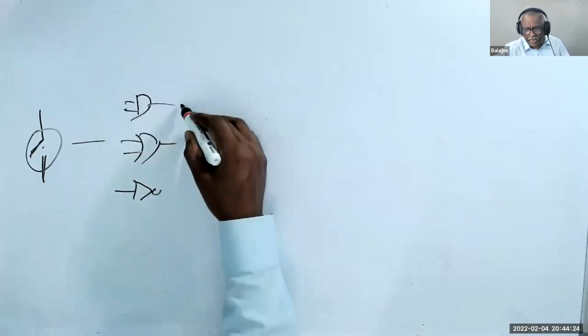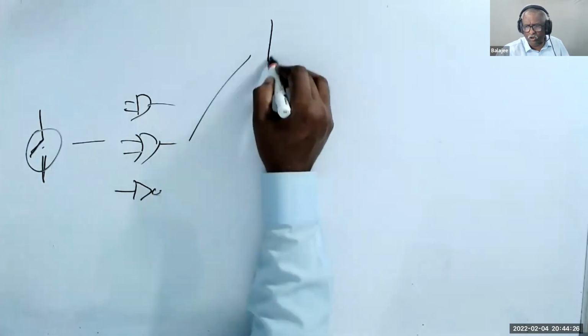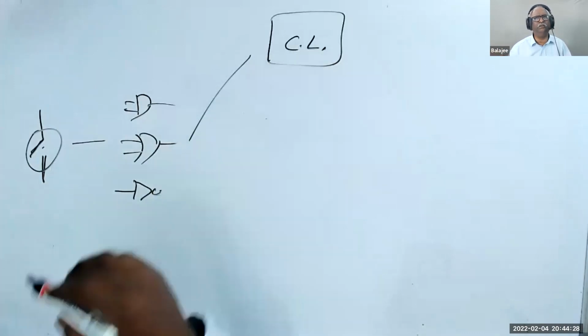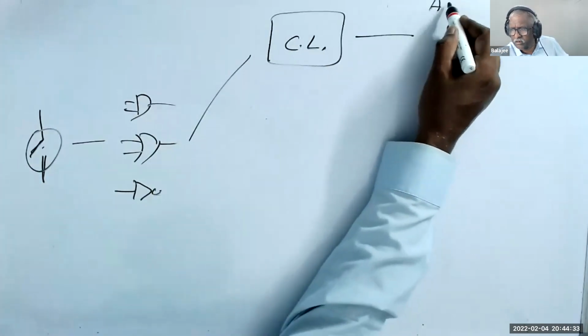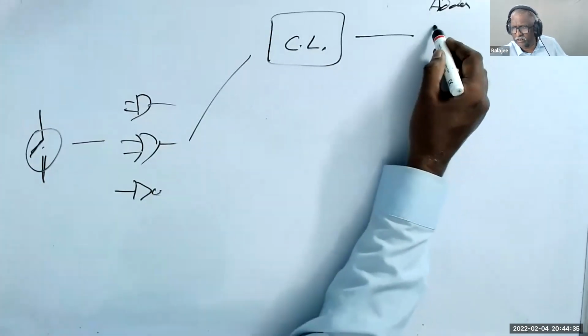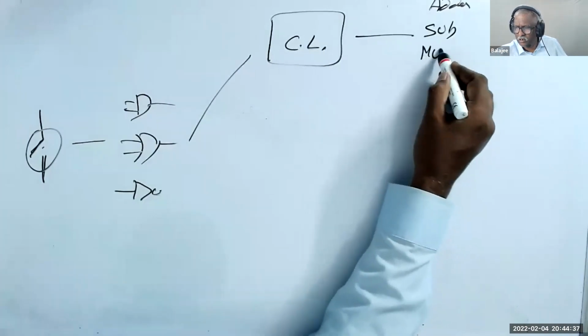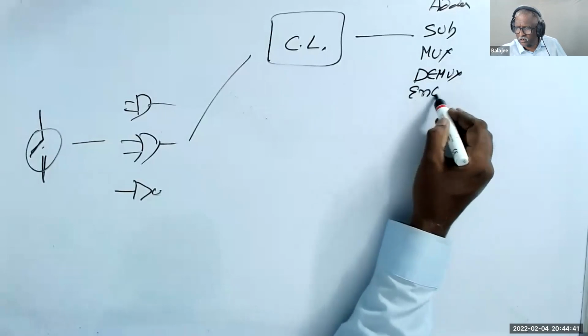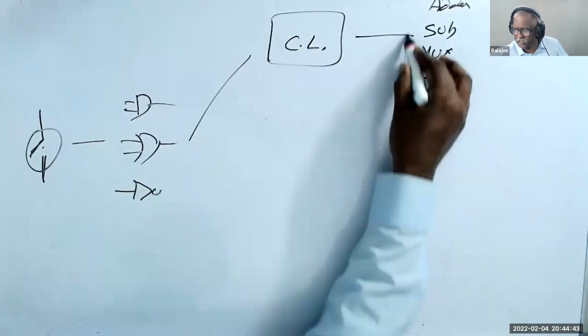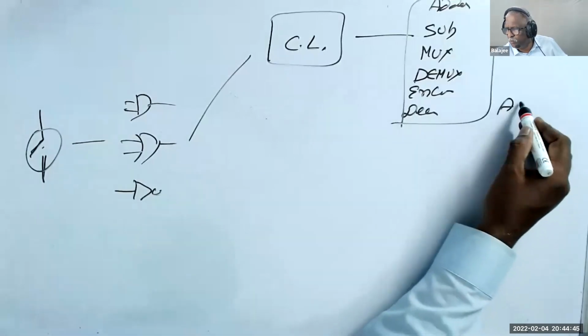And using these gates, we derived the combinational logic. As simple as that. From the combinational logic, we derived adder, subtractor, mux, demux, encoder, decoder. These are all applications of combinational logic.